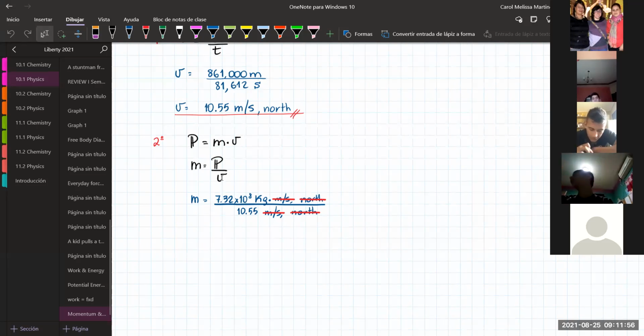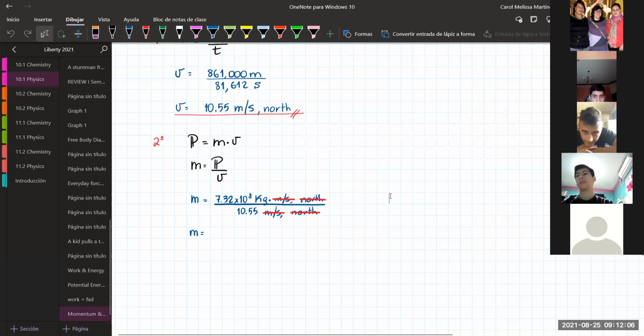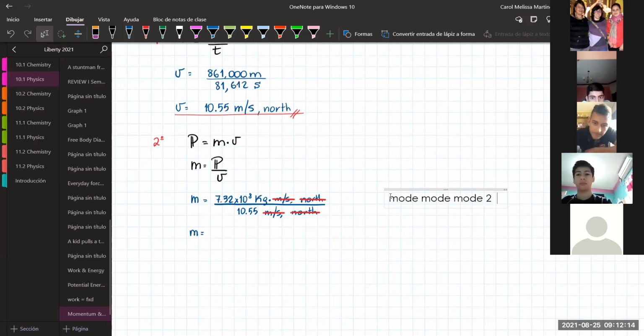Now, what is the mass? If the answer is just too big, you can write it in scientific notation by pressing mode, okay? Then 2, that is for scientific notation, and then press 3.